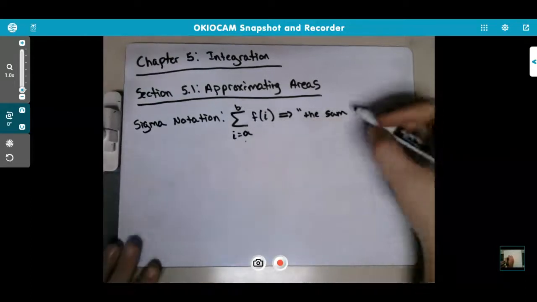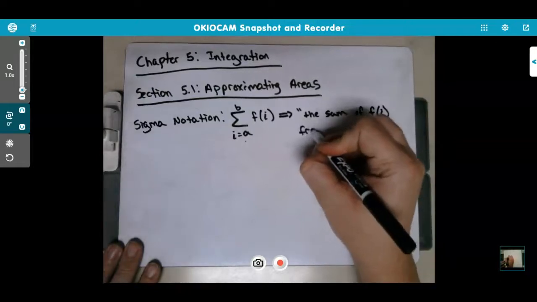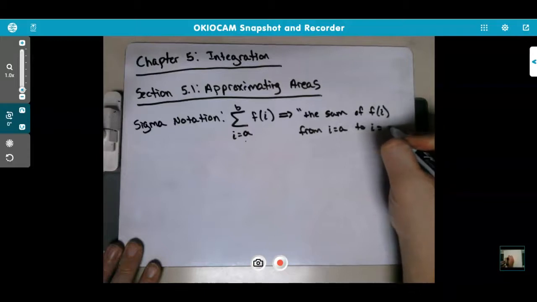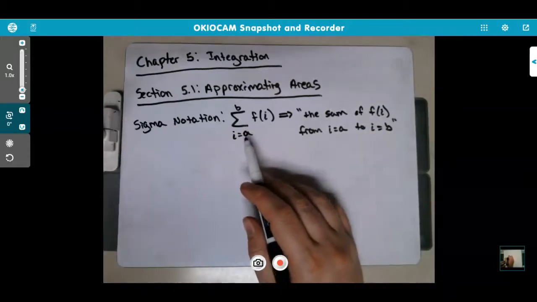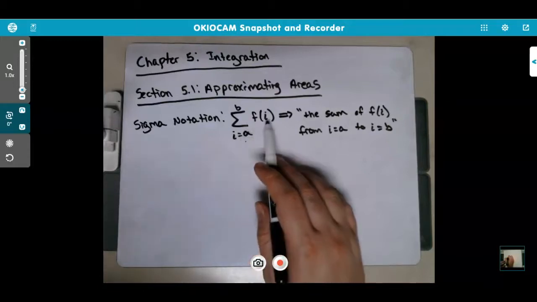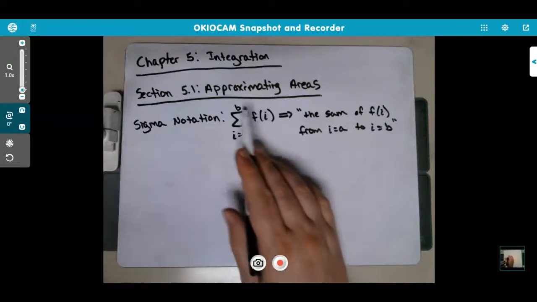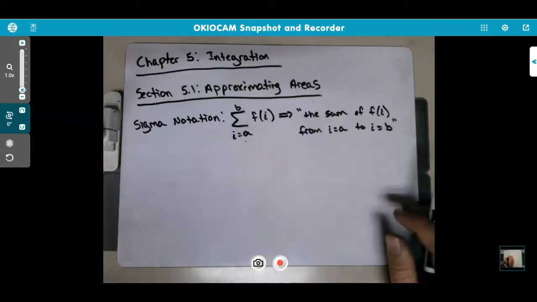So this is like saying the sum of F of I from I equals A to I equals B. So I'm going to plug in A, and then plug in the next thing, and then the next thing, up until I get to B. Then I'm going to add all of those up.